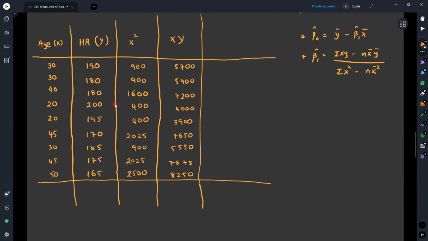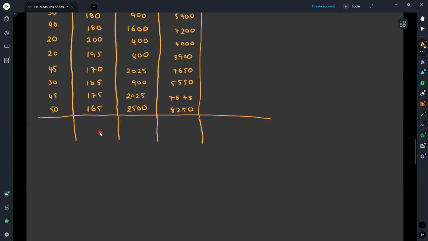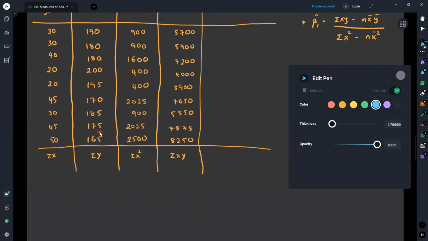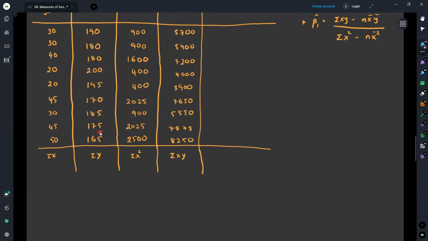Now we need to take the summations of these columns, because those will be needed for the calculation. Here we get summation of x, summation of y, summation of x squared, and summation of xy. Once we get the totals of the columns, for the first column we get the value as 310.